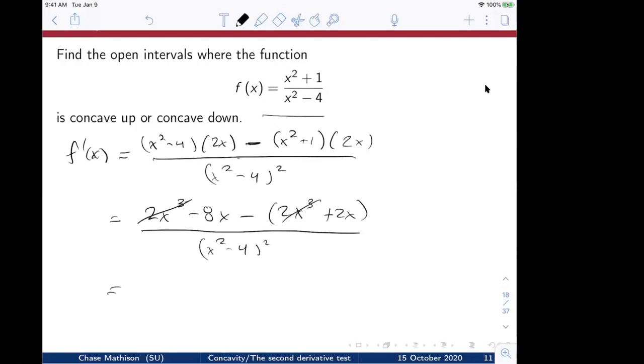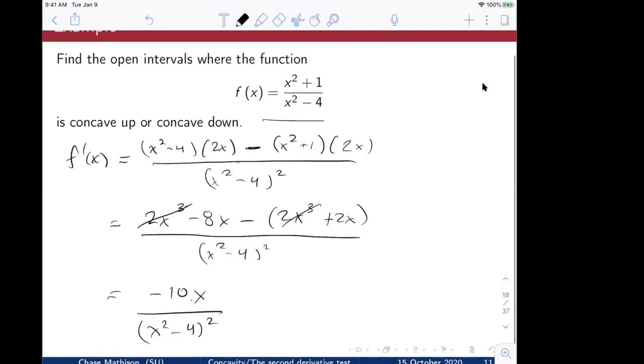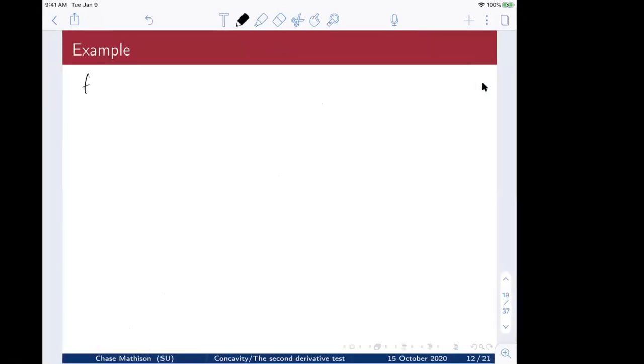So I'm left with minus 10x over x squared minus 4 squared. All right, and then what do we do now that we have this? Take the second derivative. Yes, exactly. I need f double prime of x to check for concavity.